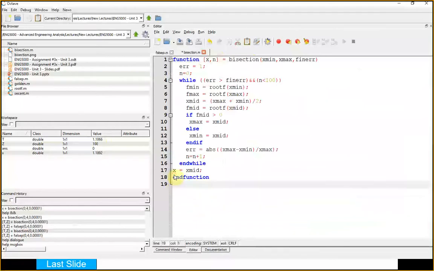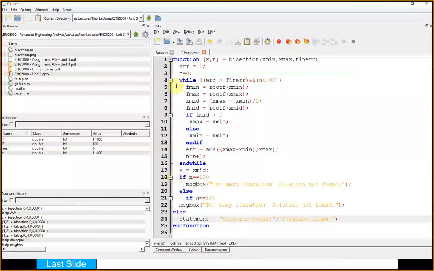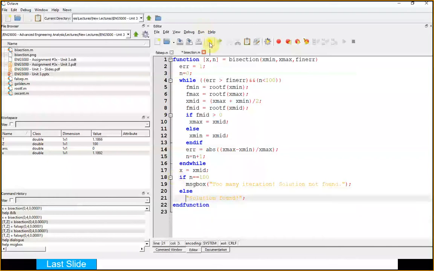My apologies. Message box. Oops. MSGBOX.